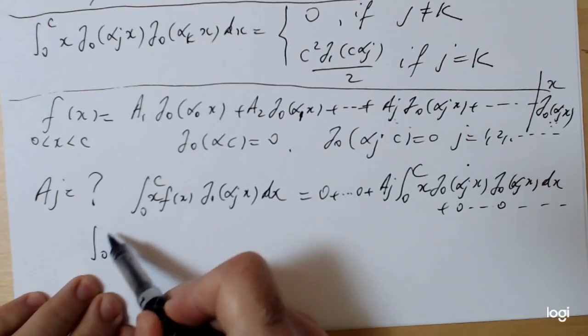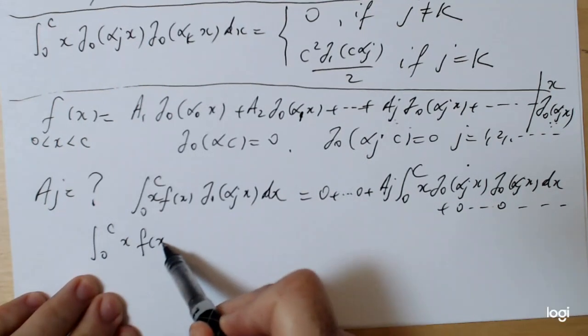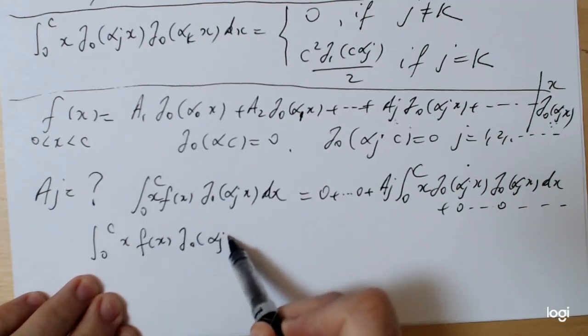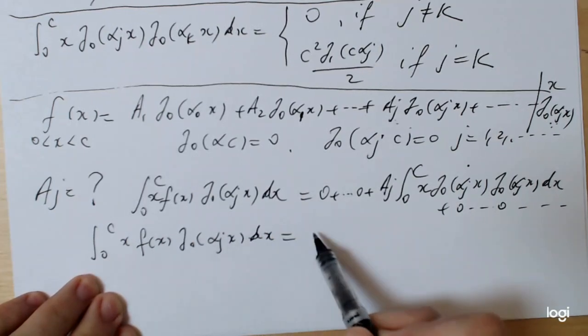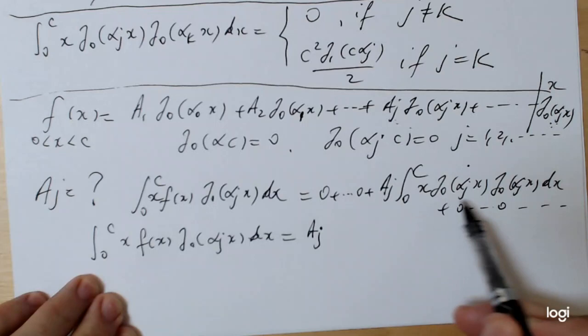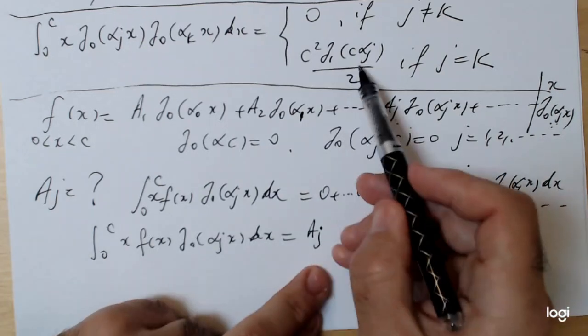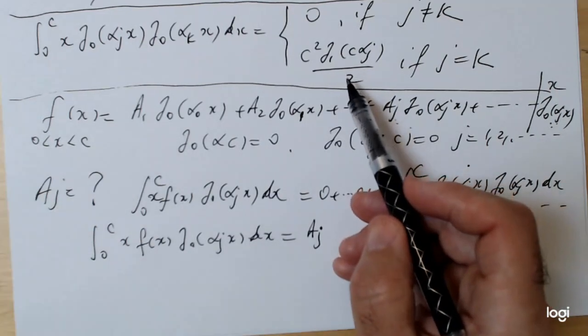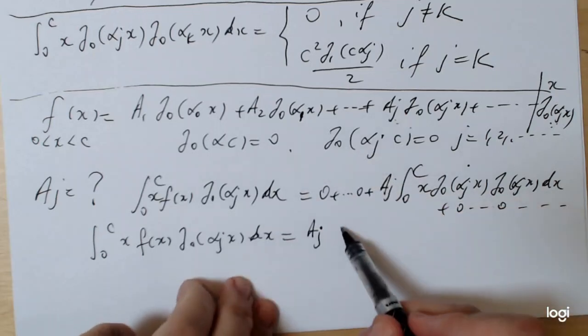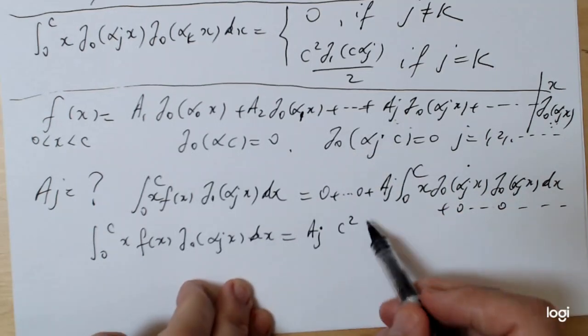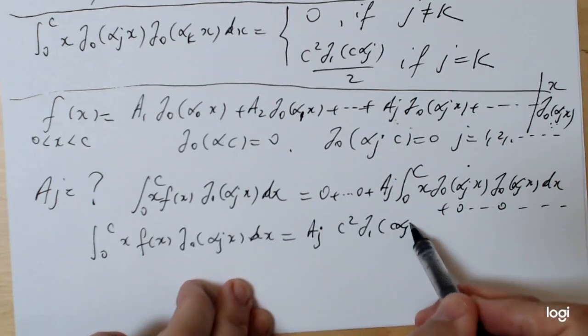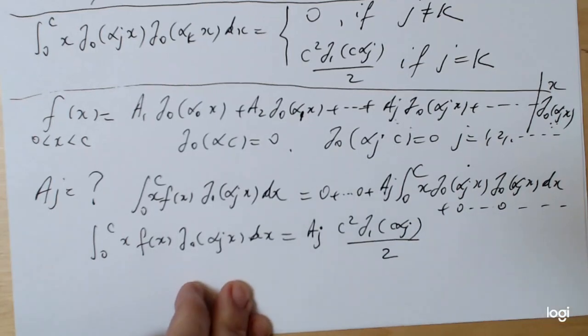Let's do one more step here. The non-zero integral we just showed before is c squared J1(c alpha_j) divided by 2.